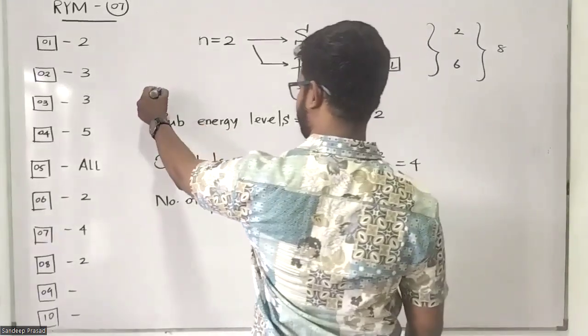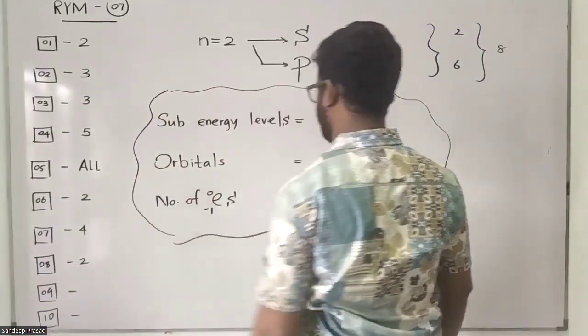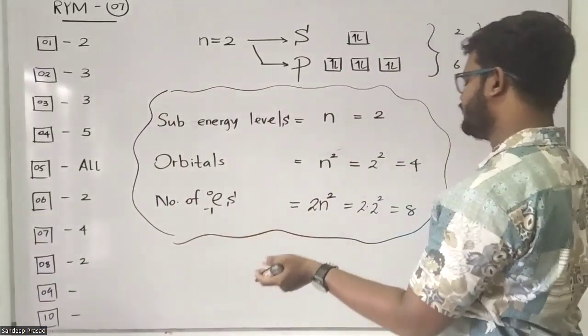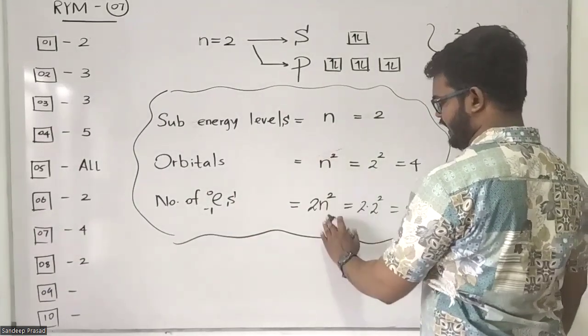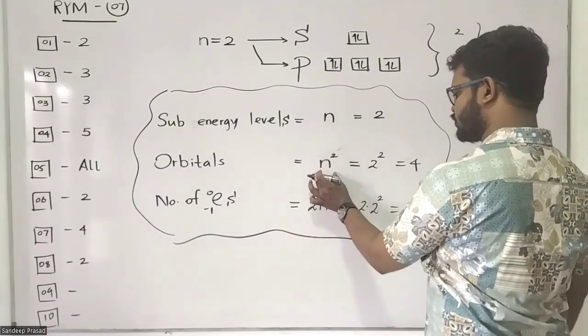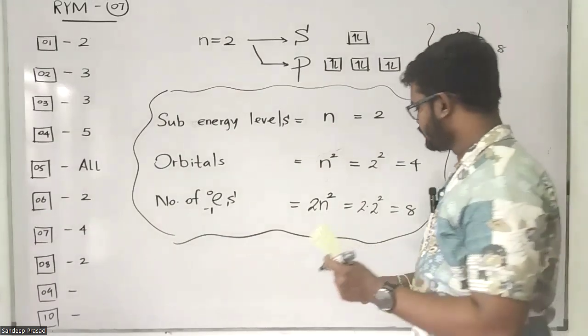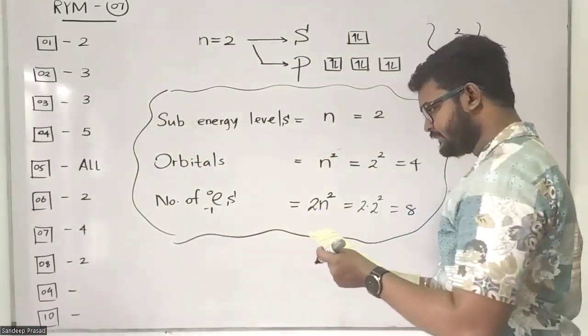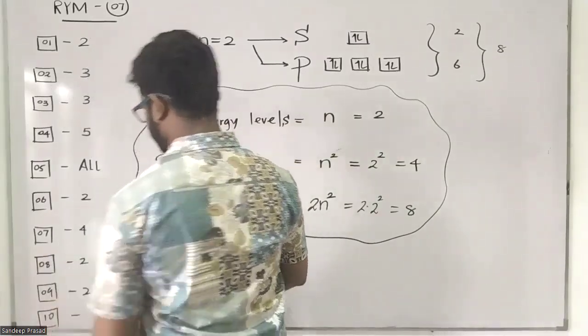This is a short note: if you know the principal energy level, to find the number of sub energy levels, orbitals, and the number of electrons in that energy level, n, n squared and 2n squared can be used, right? So 2, 4, 8 is given in the second option. Second one is the answer.